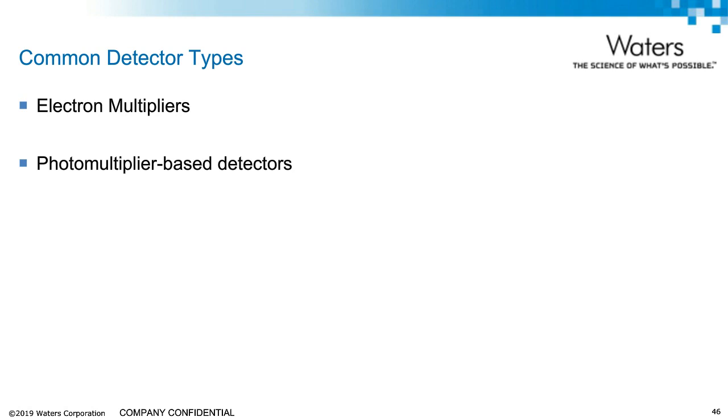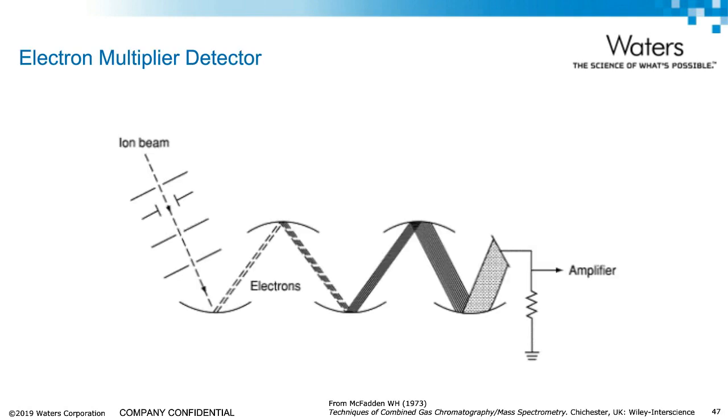Let's start with the electron multiplier detector. In an electron multiplier detector, the ions from the mass analyzer strike the anode surface and electrons are ejected from the surface. These electrons, in turn, hit a dynode and cause an electron cascade, since there are more dynode surfaces down the detector.